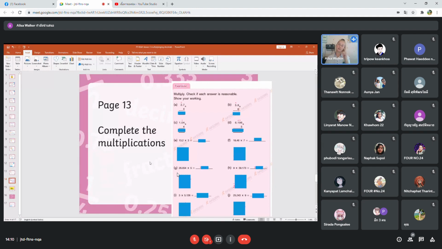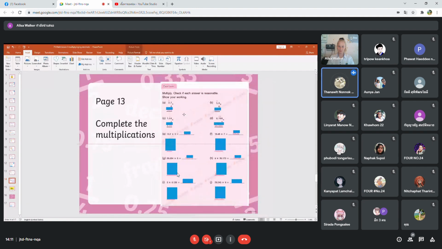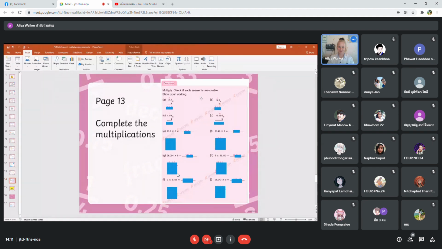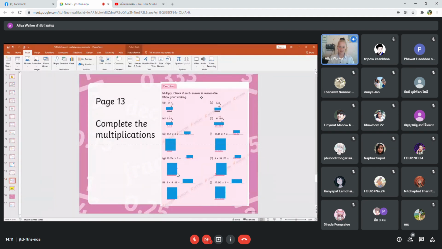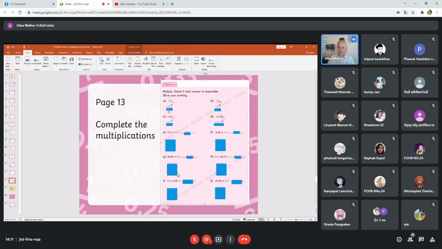Okay, right, let's look at the answers. Question A, did anybody get the answer? 2.7 multiplied by 4 equals. How many was your answer? 10.8, did you say? Good. Your answer should be 10.8.